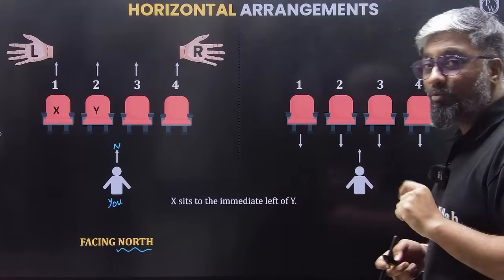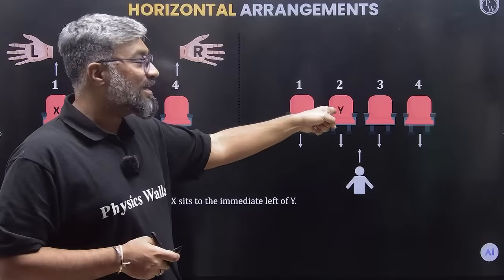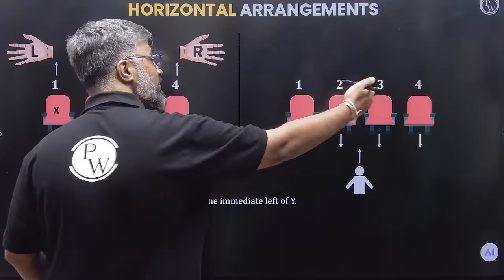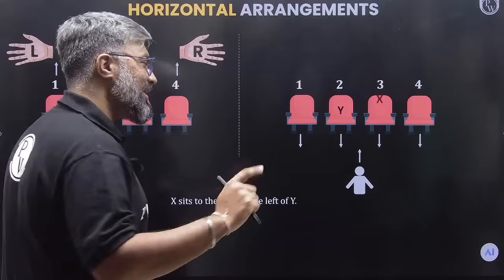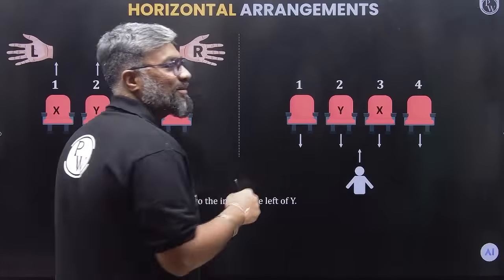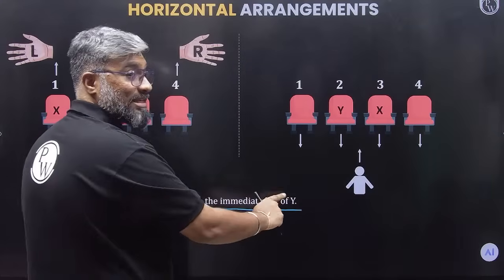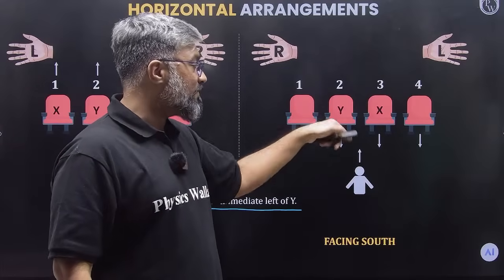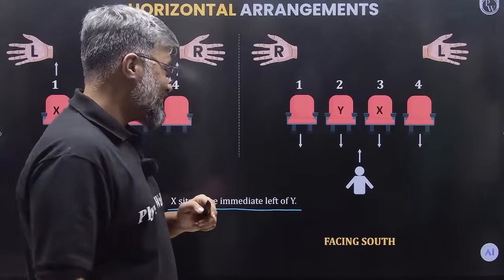Now what would happen with left and right? If again Y is seated here, then what would be immediate left of Y? Will it still be seat number 1 where X will be seated? No. This time X will be seated on seat number 3. The condition is still the same, but because the direction of facing has changed, left and right also change.